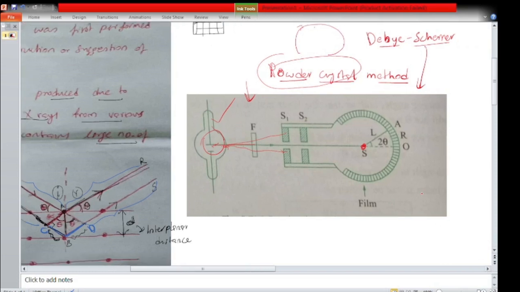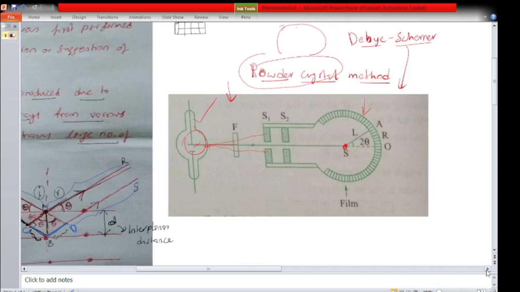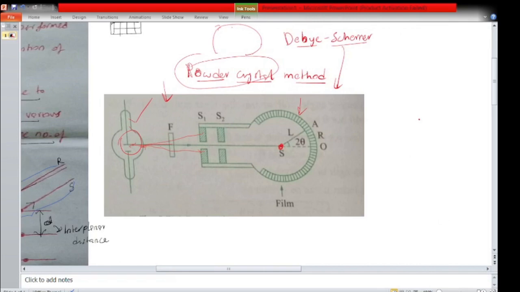So whatever you are seeing in this figure, the part where we have the sample, if you consider that part, it will be something like this, some kind of cylindrical shape.